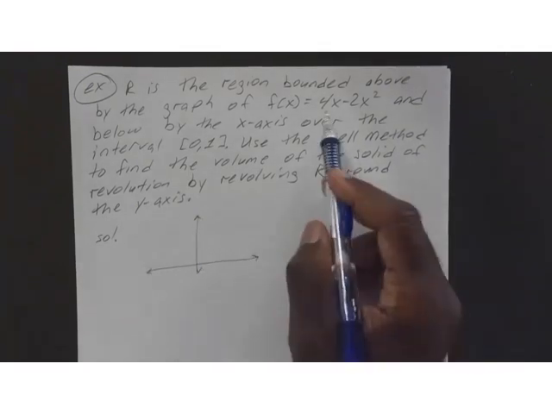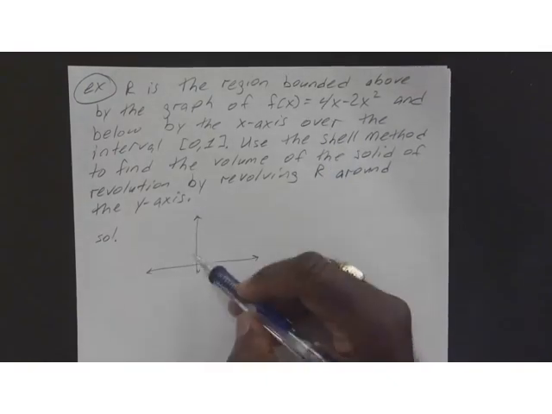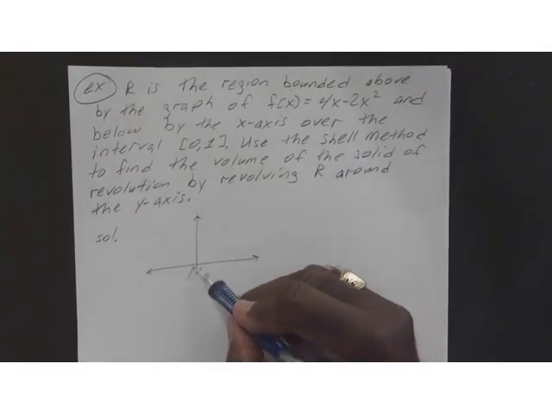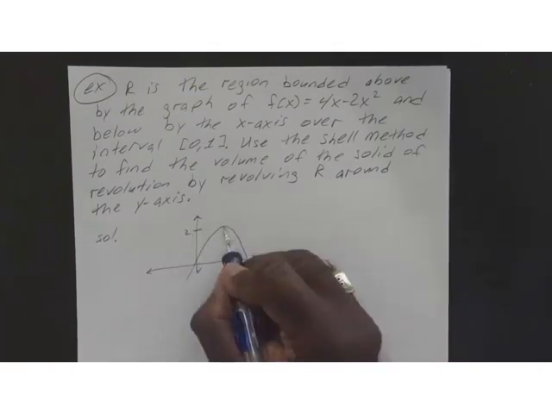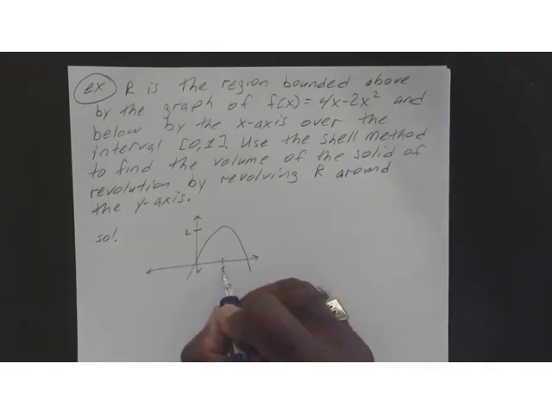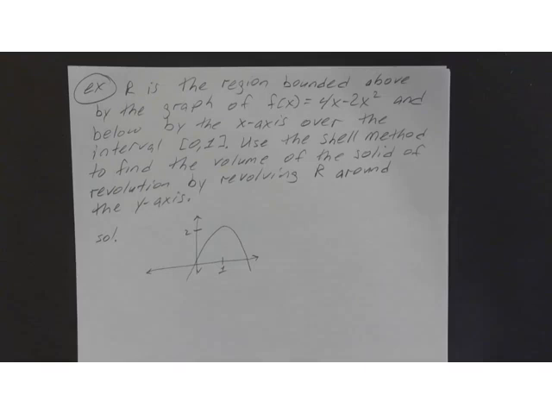Okay, so if we look at the graph of 4x minus 2x squared, it kind of looks like this. We know y is equal to 2 at x is equal to 1. Now we're just looking for the interval from 0 to 1.